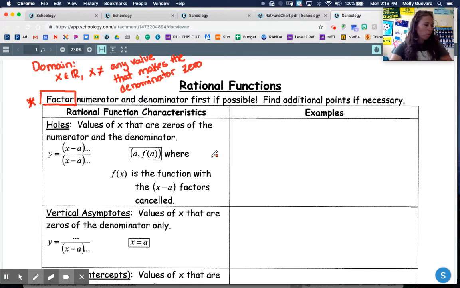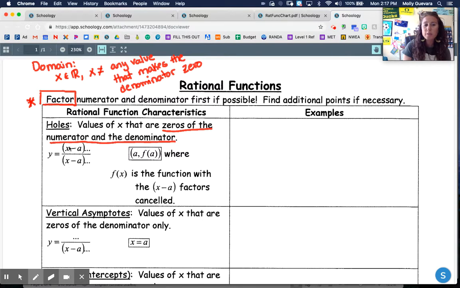So let's talk about a hole, okay? A hole is literally just a break in the graph, like the graph is continuous and it skips over a point and then it keeps going. So we have a hole when I have a 0 of the numerator and the denominator.